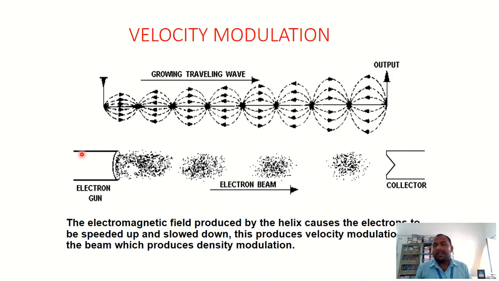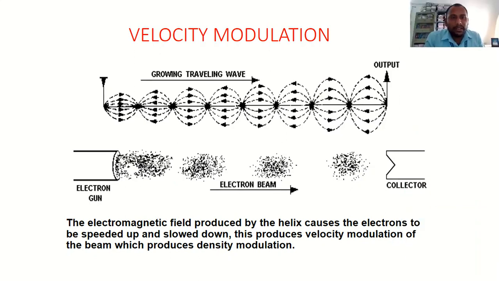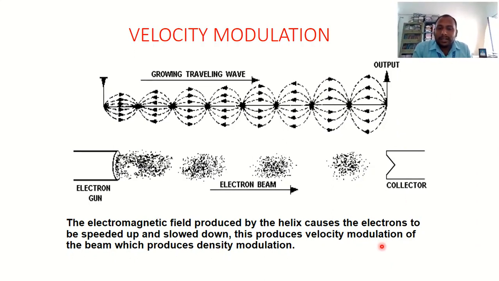See here the velocity modulation; if you see the diagram, then you will come to know how the field is improved here. So the electromagnetic field produced by the helix causes electrons to speed up and slow down, and this produces a velocity modulation of the beam, which produces density modulation.